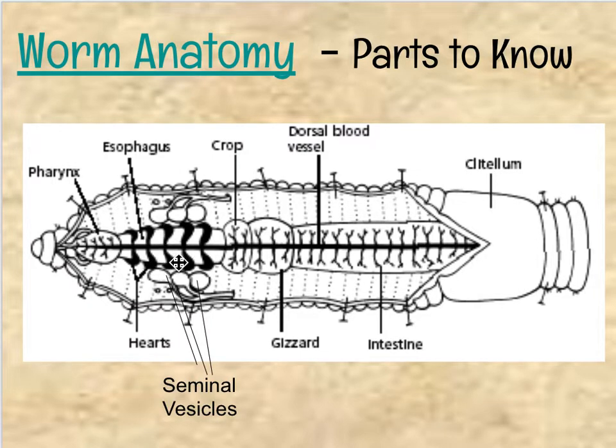You can see these dark arches. They're called aortic arches. Just like we have an aorta, a blood vessel in our heart called an aorta. They have aortic arches, and those 5 aortic arches work to help circulate blood all the way around the worm's body. So they're doing the same job as a heart.